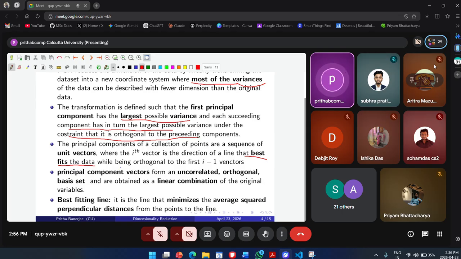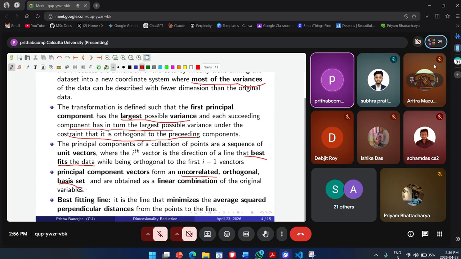So these principal component vectors, as we have discussed earlier, form an uncorrelated orthogonal basis set. You remember that a basis set is required to represent any data in the plane or dimension defined by the basis set.